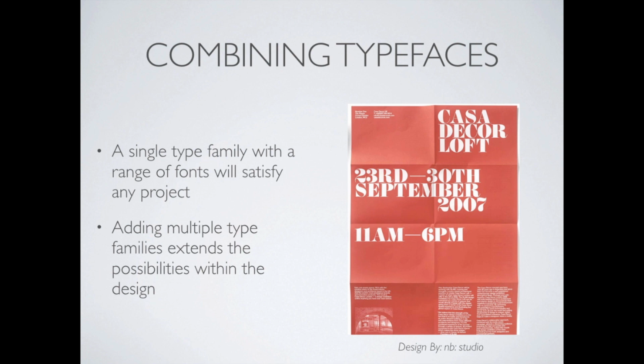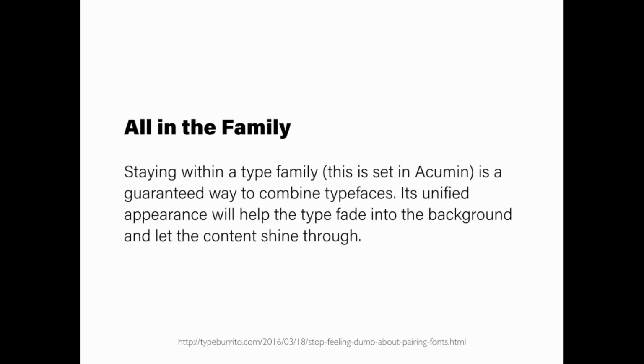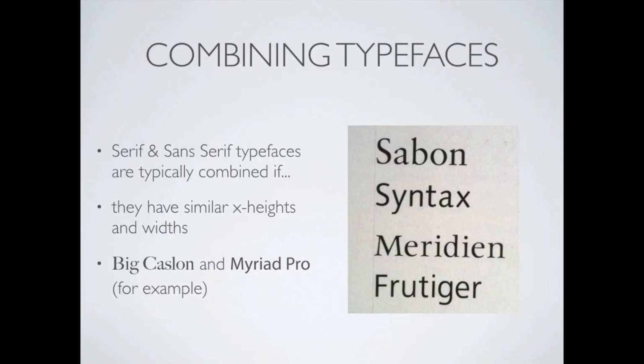You could work just within that one family, just within different sizes of the font, and you could have a great hierarchy. Of course, if you add multiple typefaces together, you could suddenly have a bunch of combinations that can really work nicely. So this is an example of all in the family. It's just bold versus a regular. And we get a nice hierarchy there.